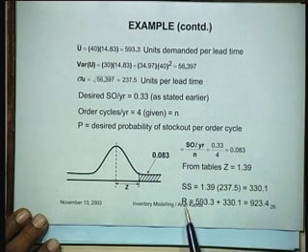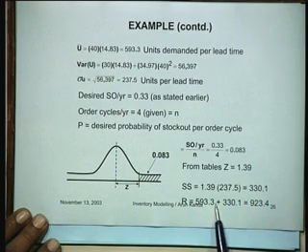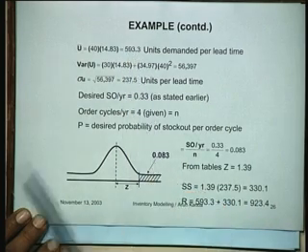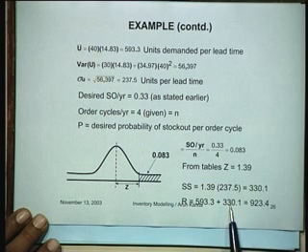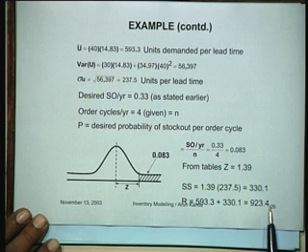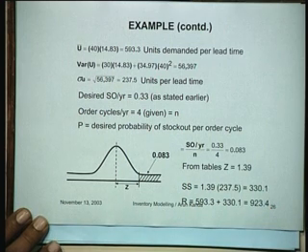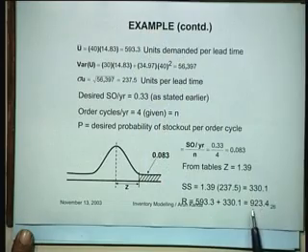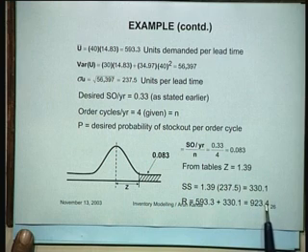And R is nothing but 593, the average consumption during the lead time, plus the safety stock, and this value is now 923.4. This means that if you want the required amount of protection for this product, you should have a reorder level R of 923.4.